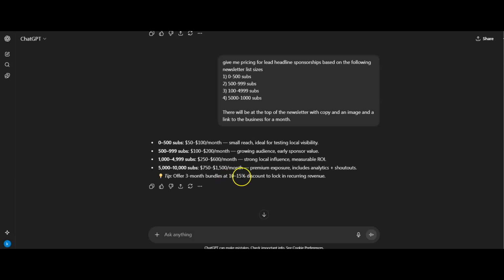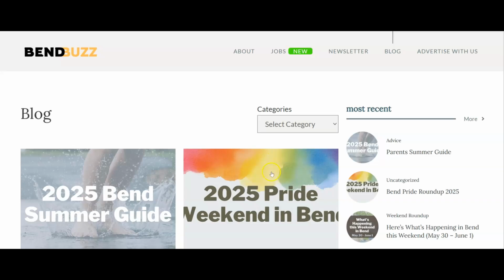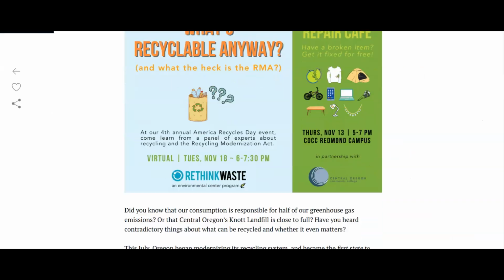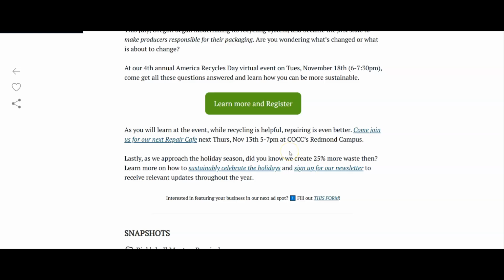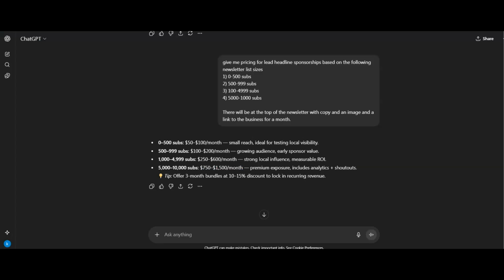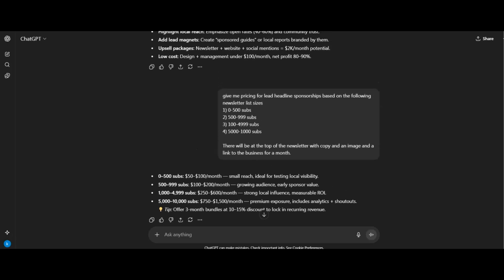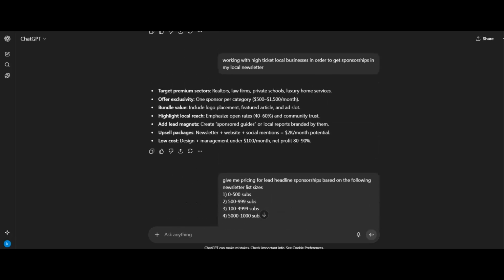But if you get them in a bundle for 3 months, that's $1,500, and you can put all of that money back into Facebook ads, and that's 3,000 subscribers you've added just by getting 2 people to say yes to paying you $250 a month, for you to cut and paste a bit of text, an image and a link into your newsletter. Not difficult at all, and huge profit margins. So that is another way that you can monetize and make money from your local newsletter.